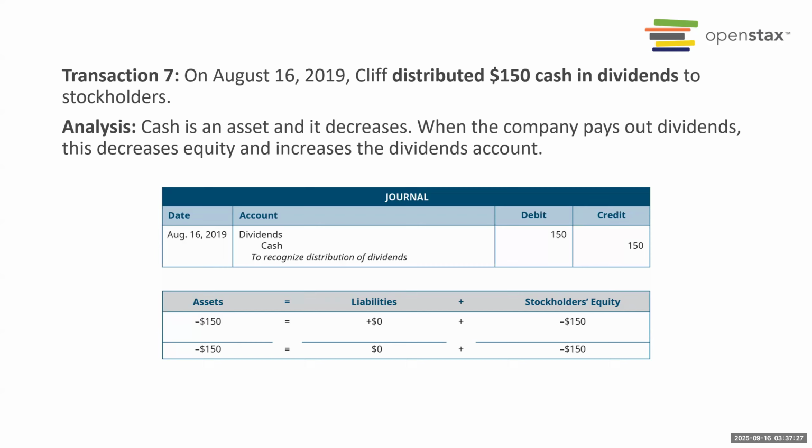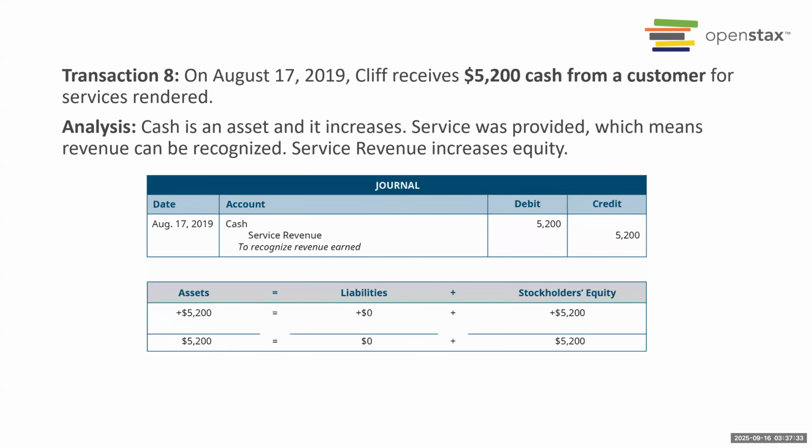Assets decrease $150 and stockholders' equity decreases $150. We receive $5,200 in cash from a customer for services rendered. Cash is debited $5,200. Service revenue is credited $5,200. Assets increase $5,200. Stockholders' equity increases $5,200.